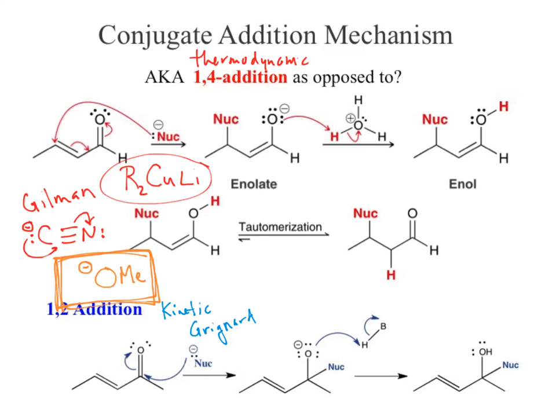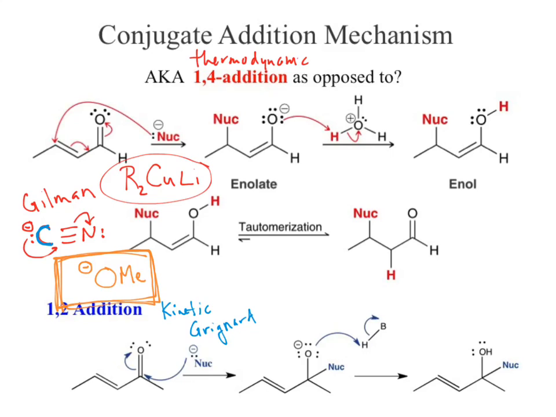But the argument that I would make is that we said our carbon from cyanide was a Gilman reagent, giving us 1,4, because that carbon is sp hybridized, making it more electronegative. So if we put a hydrogen on there, we'd say that that carbon is more acidic, and it would ditch that hydrogen pretty quickly.